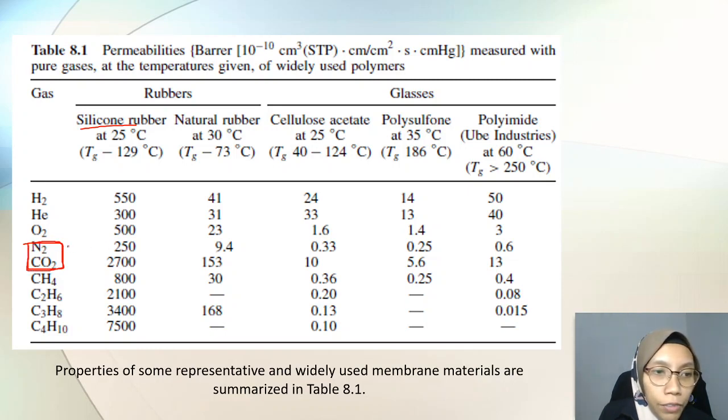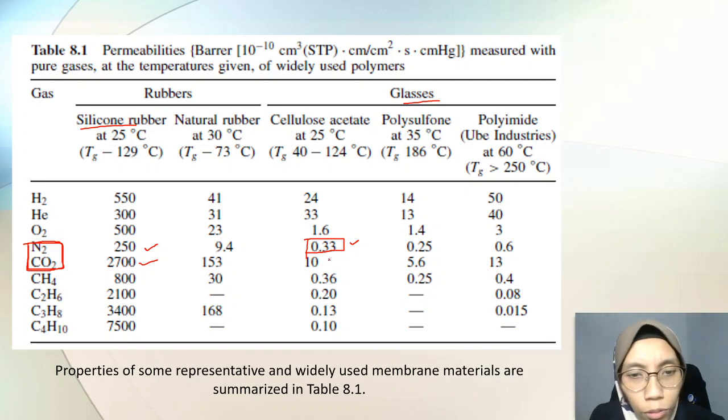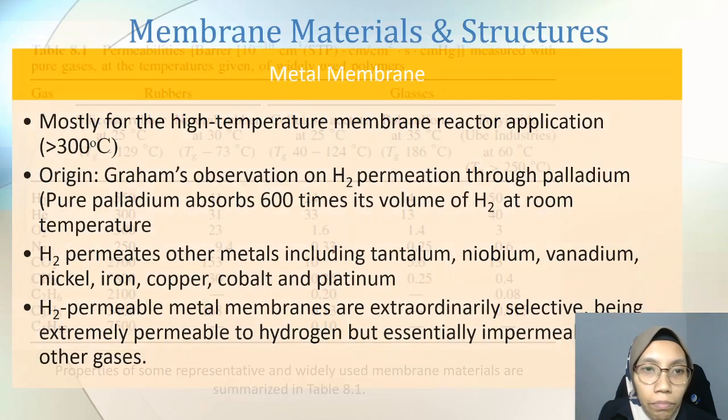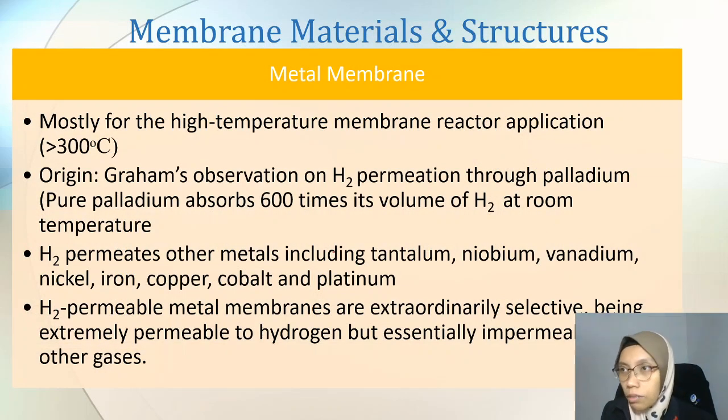The permeability of nitrogen is 250, meanwhile the permeability of CO2 is 2700. But in glassy, take cellulose acetate as an example. The permeability of nitrogen is only 0.33, but the permeability of CO2 is 10. All right, so we go to the next.